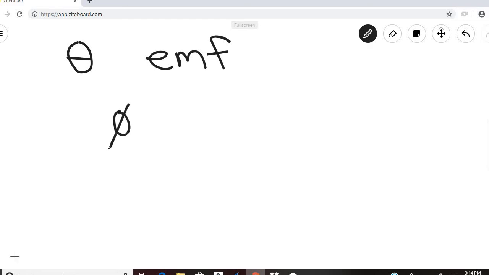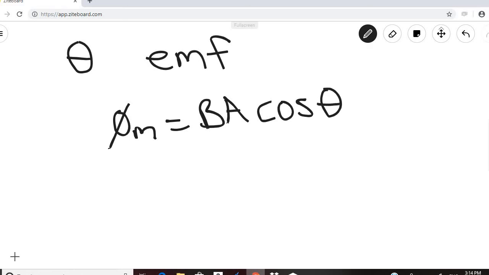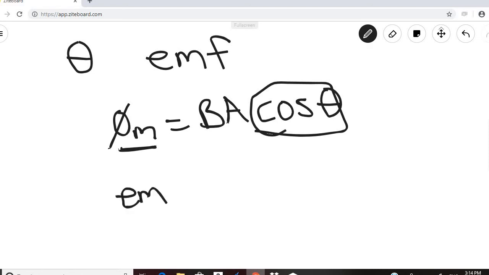Okay, so again, if we look back at this, you get a change in magnetic flux by changing any of these variables. So if we change the angle, that's going to change this, and then that will create an electromotive force, which can generate current.